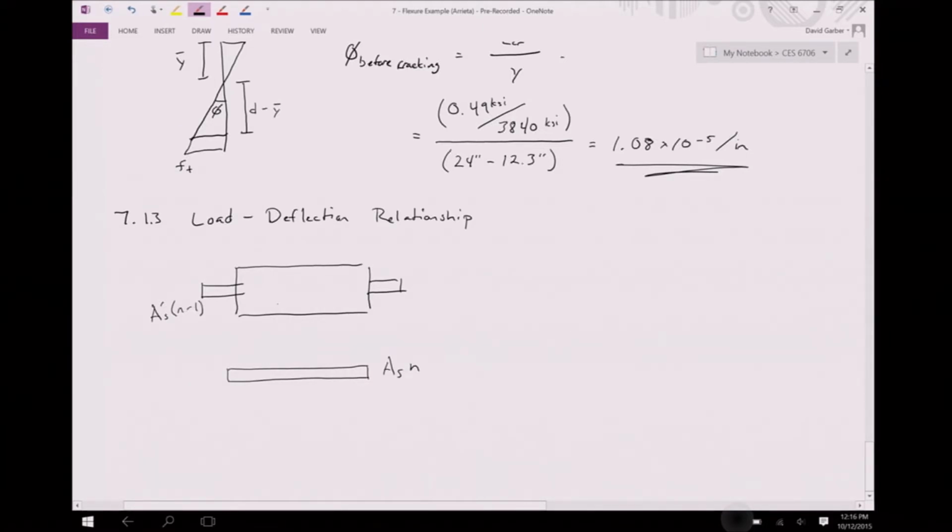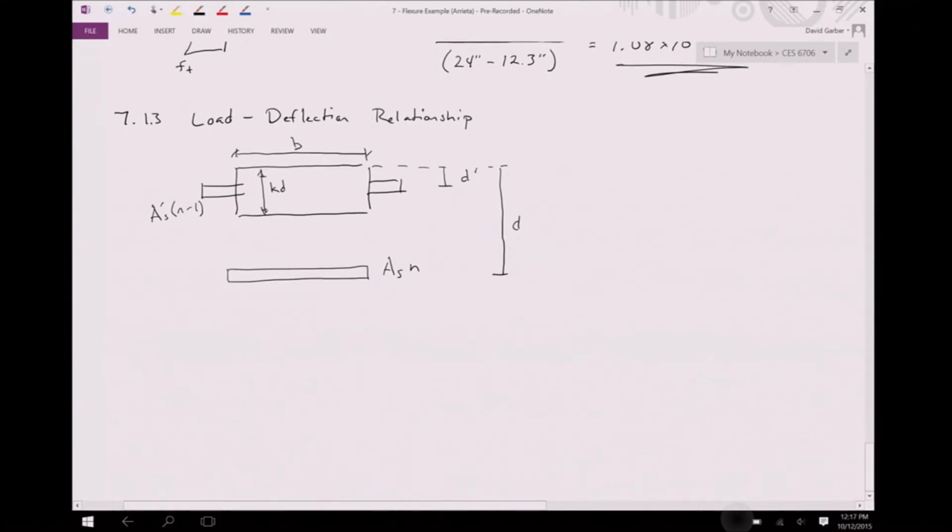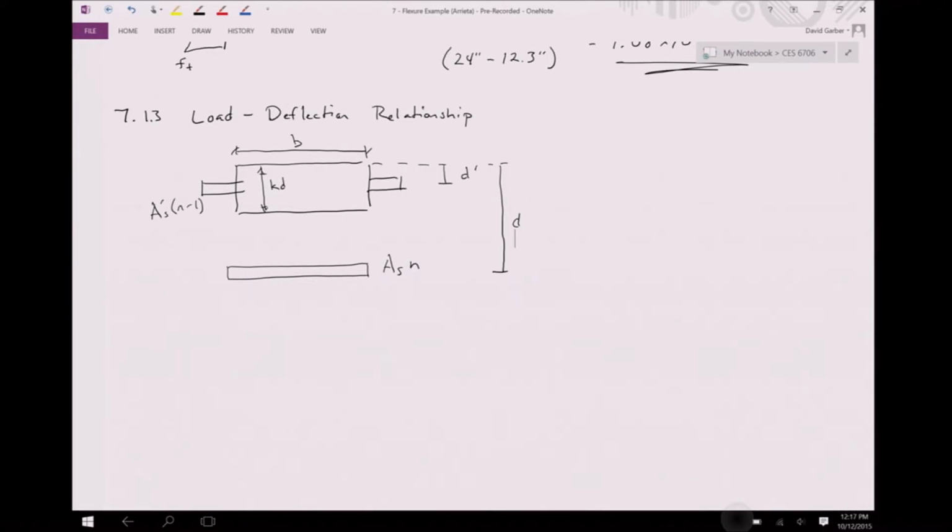And then our area here, we have a height of kd and a width of b. Distances down, we have a distance d prime, and then a distance down to the bottom of d, which we calculated before. Alright, so first we need to find our neutral axis depth.